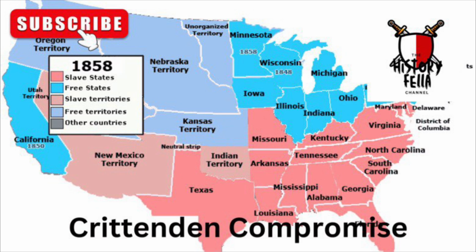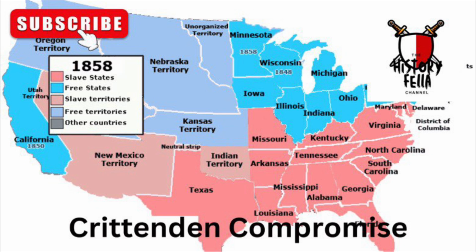The amendments to the Constitution that were proposed were: Number 1. Slavery would be prohibited in any territory of the United States now held or hereafter acquired north of the latitude 36 degrees line. In territories south of the line, slavery of the African race was hereby recognized and could not be interfered with by Congress.